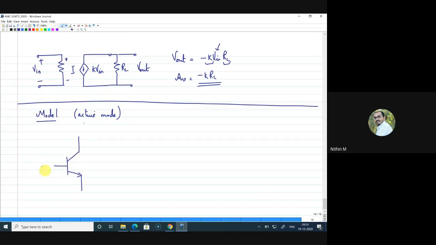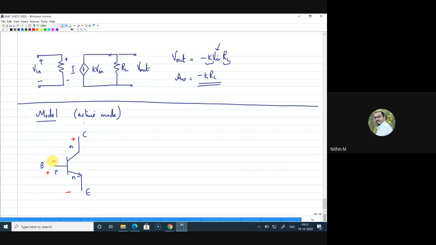In active mode, this is the base, this is the collector, and this is the emitter, and this junction is forward biased. This is NPN, so this is forward biased, plus minus, and this is reverse biased. So this should be plus with respect to base, right?